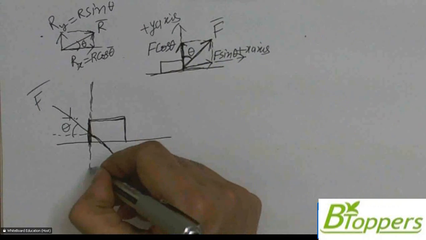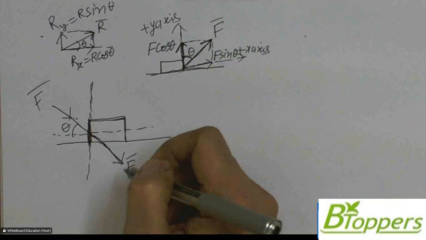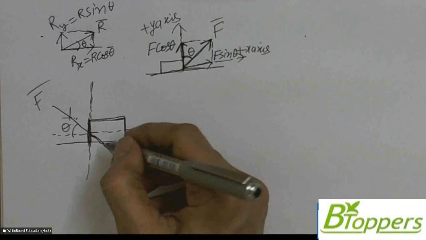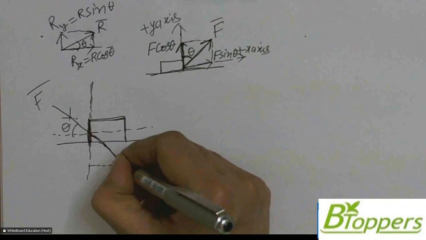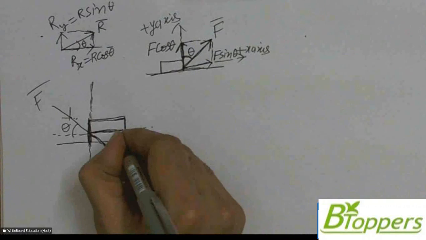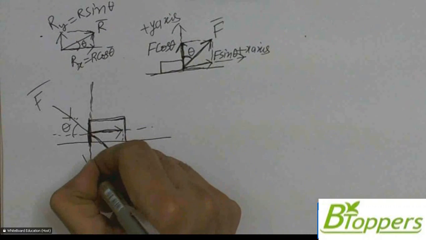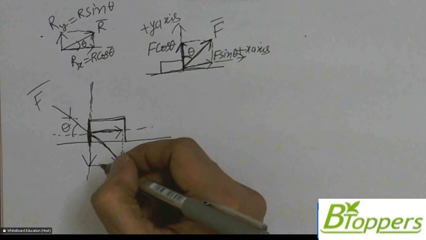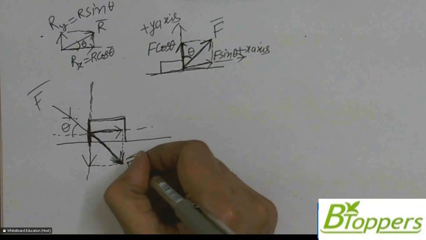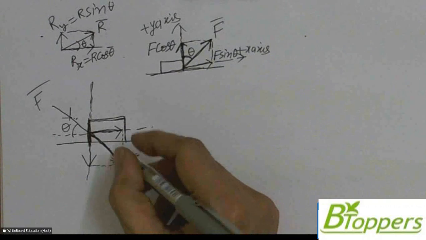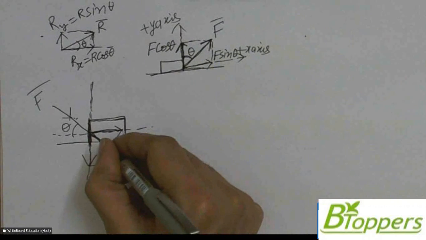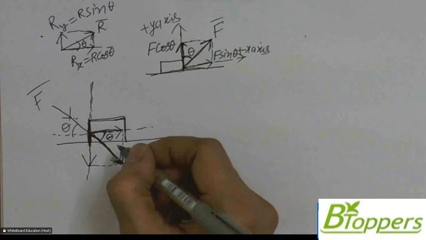So to resolve this vector, I mean the force F bar, into rectangular components along the horizontal and vertical directions, we have to construct a rectangle with adjacent sides along the horizontal and vertical directions such that the force F bar acts along the diagonal of the rectangle. So this angle will also be equal to theta.